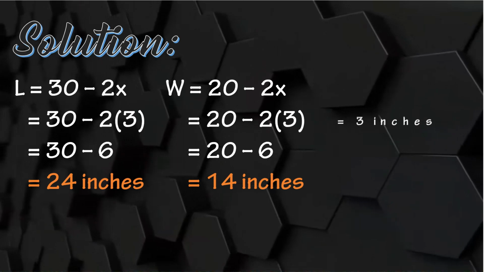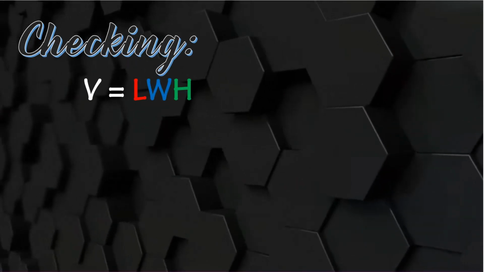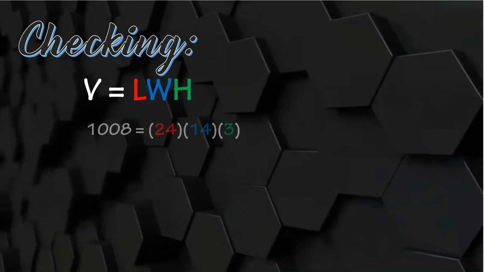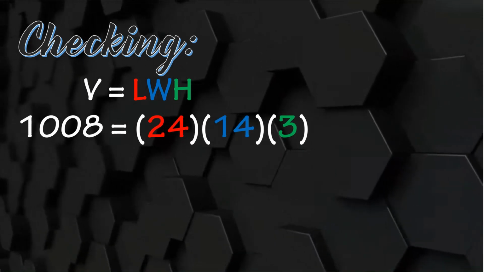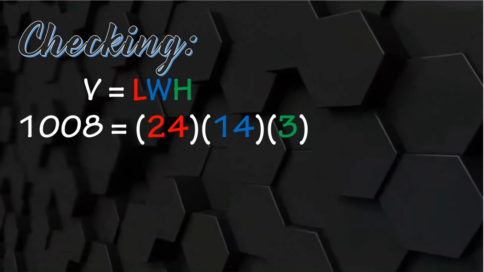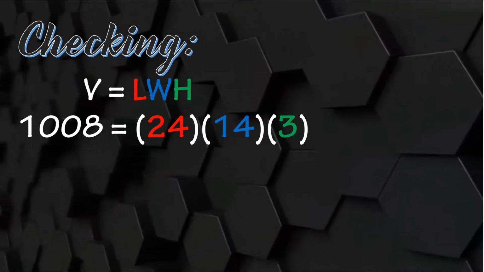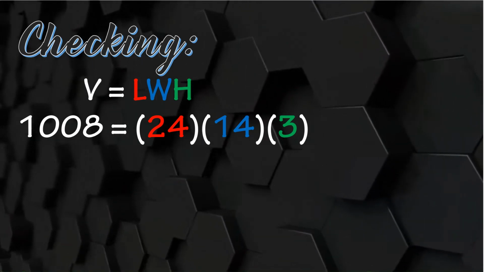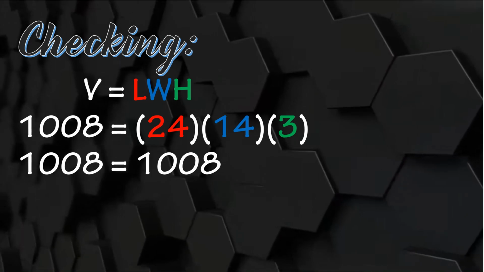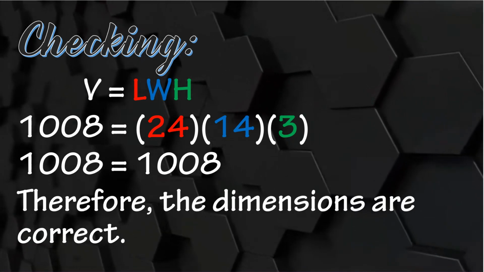And the height will be 3 inches. To check, we can use the dimensions to see if it will have the volume of 1008 cubic inches. Multiplying 24, 14, and 3, we will have the product of 1008. Therefore, the dimensions are correct.